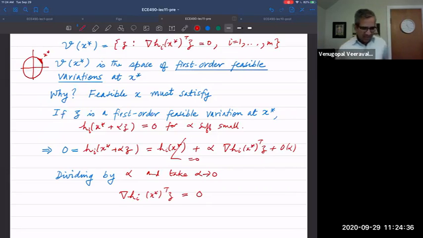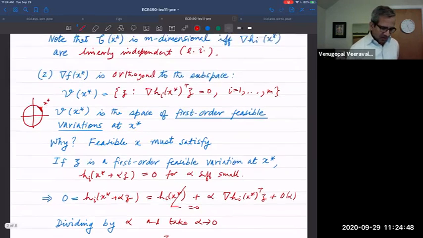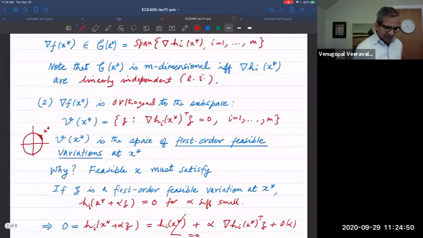So for any first order feasible direction z, I must have the gradient of hi at x star transpose z equals 0. So you can interpret V of x star as the subspace of first order feasible variations at x star. Is that clear?